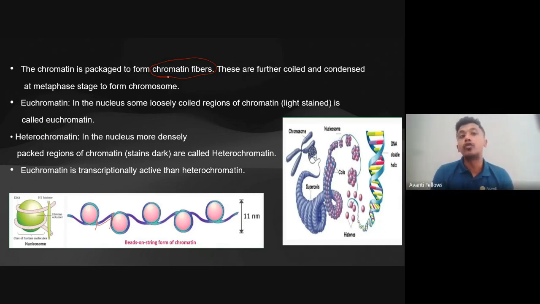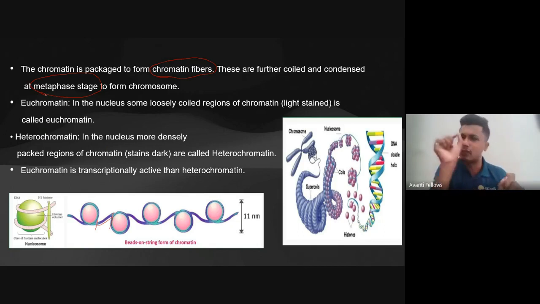Understood? So we have chromosomes now, which are a very beautiful structure, which you can see during the metaphase of cell division. Now there is one small thing that we can observe. If I take an X-ray of the chromosome and observe its structure, what I can see is that at certain regions of my chromosome there are dark bands.